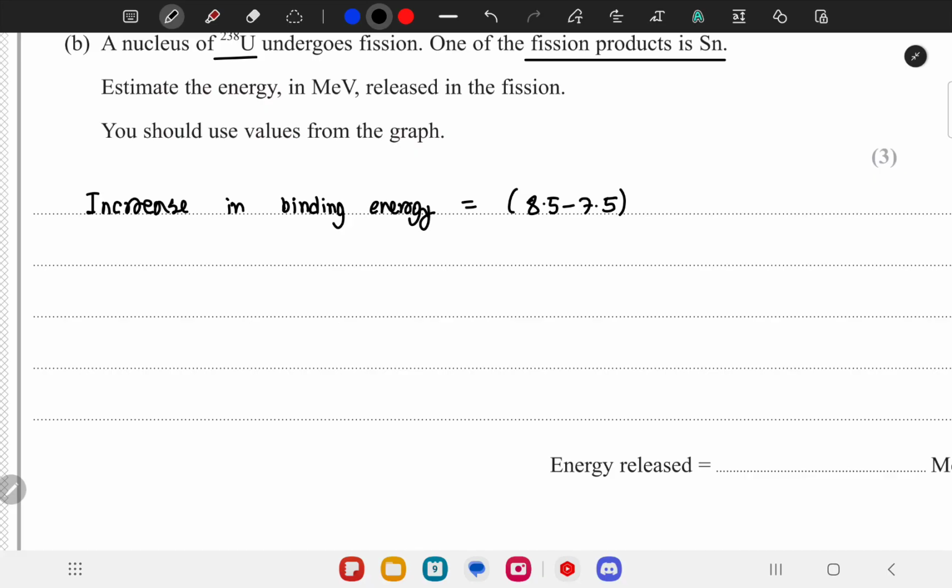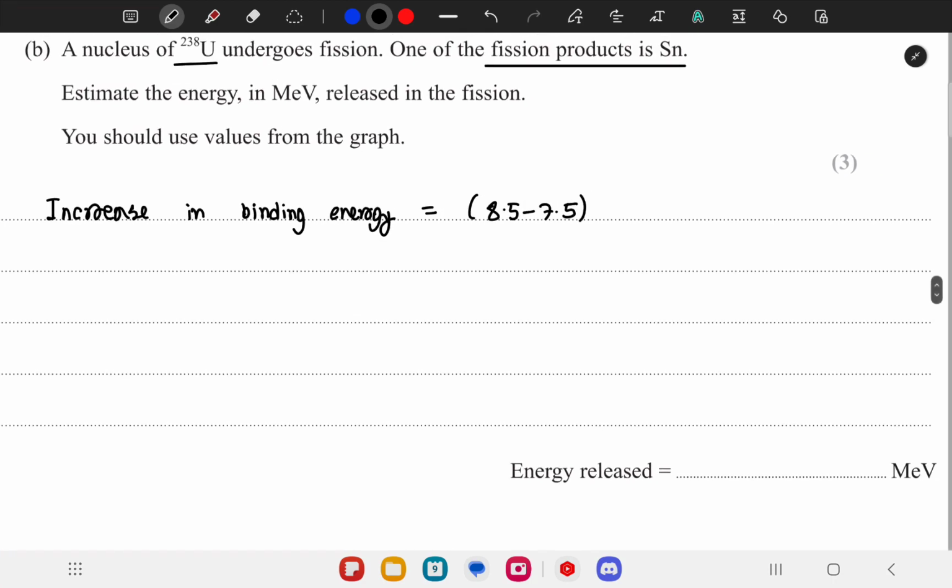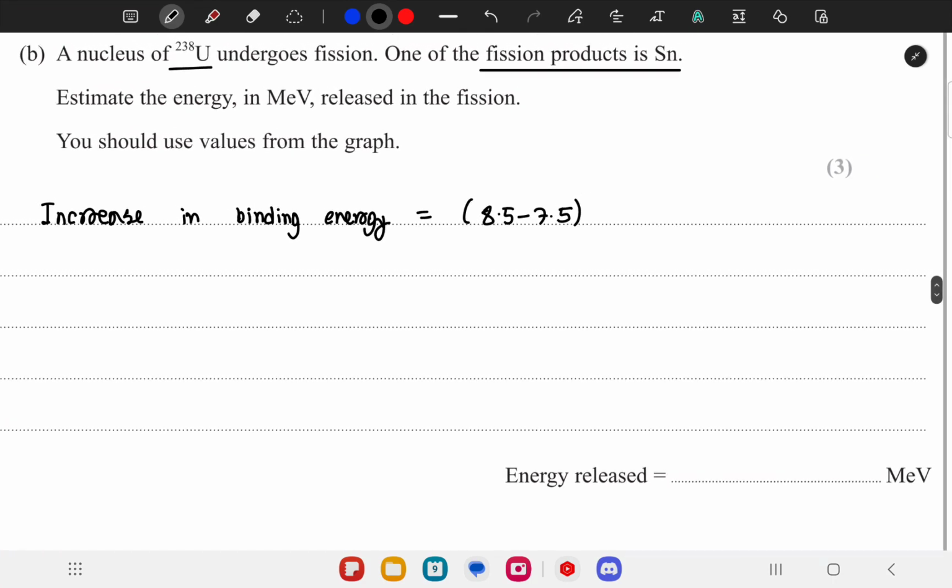And if we want the total increase in binding energy, we have to multiply it by the number of nucleons, which is 238. So this would be 238 mega electron volts.